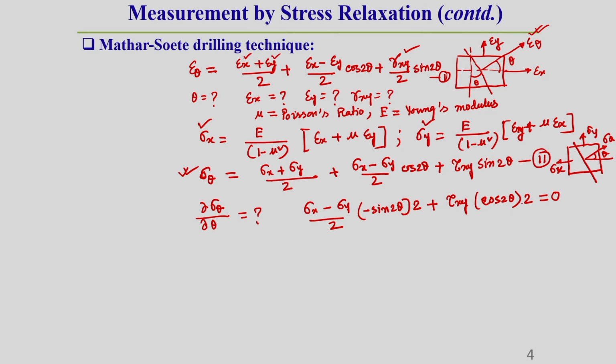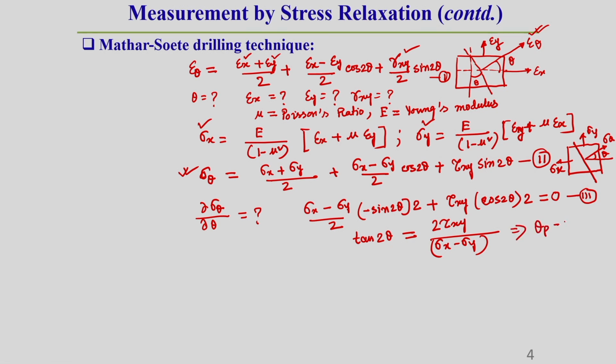So, that is why by using this equation number 3, what should be the direction? Here we can easily find tan 2 theta will be 2 tau xy divided by sigma x minus sigma y, correct. This is a very simple derivation. So, by this we can easily find the theta value.